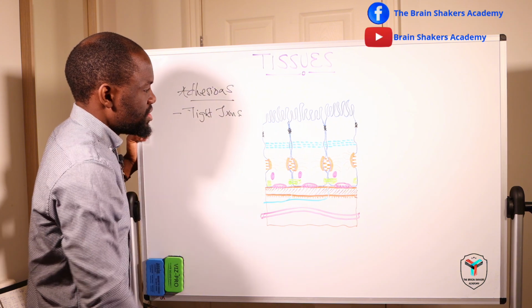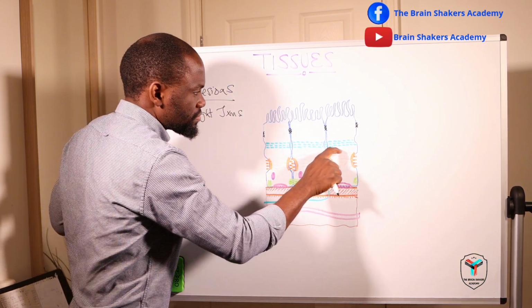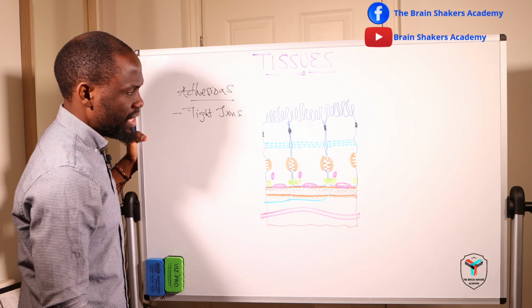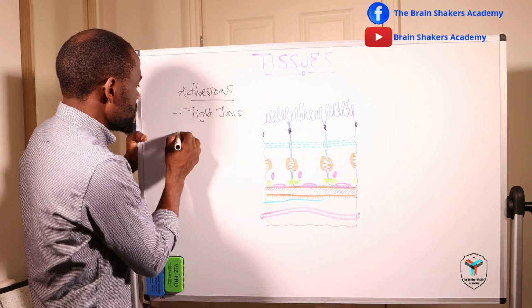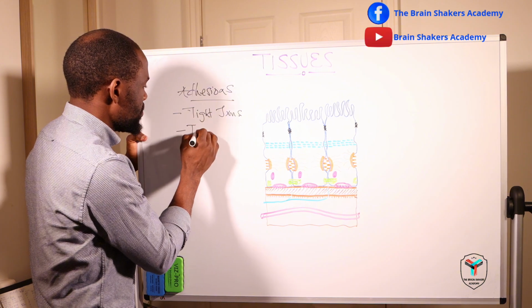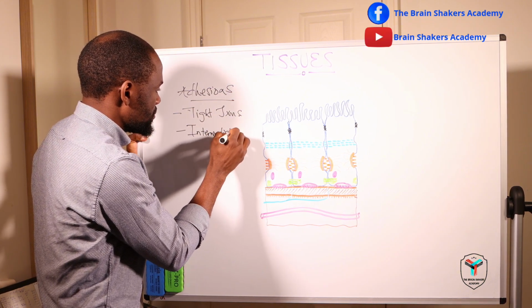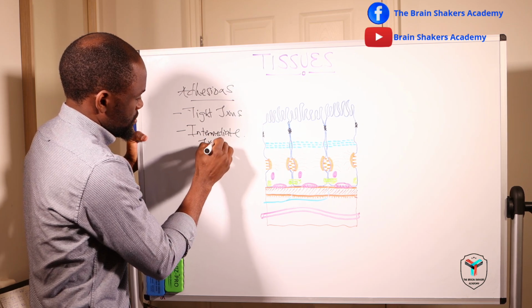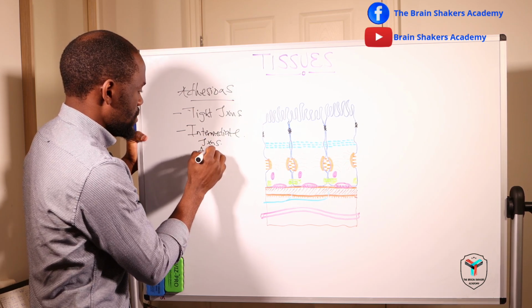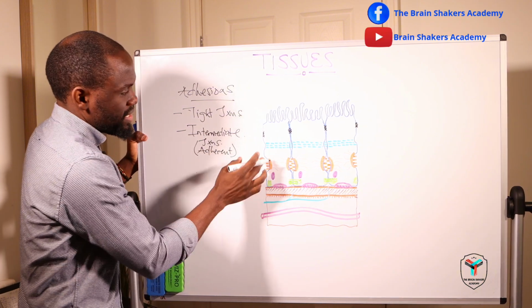From the tight junctions here, you will have a belt of intermediate filaments, and these are going to be intermediate junctions. So we have what we refer to as intermediate junctions. These are also known as adherent junctions.